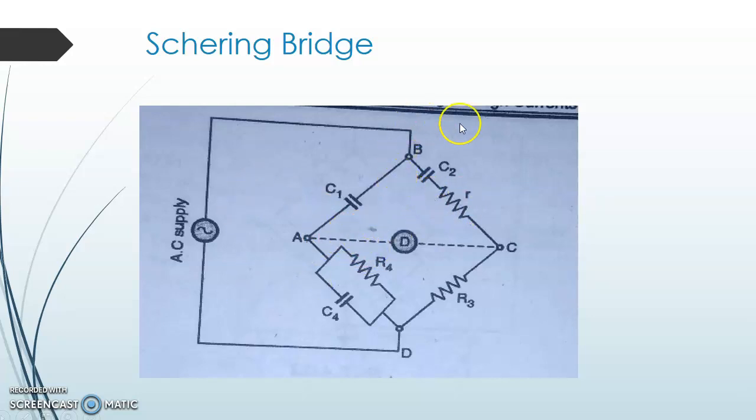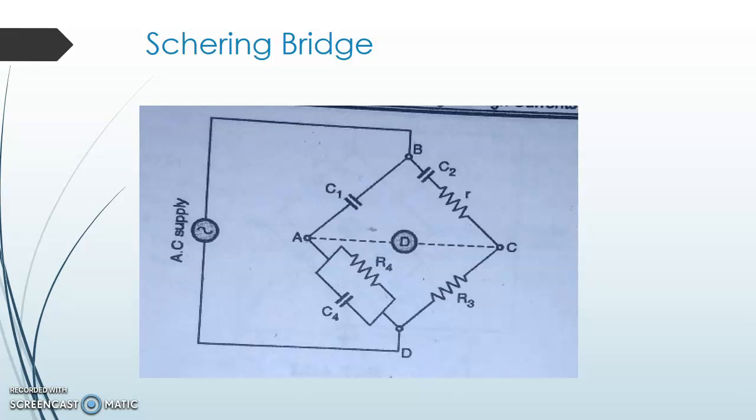That is C2 is compared with C1. The imperfect capacitor is represented by its equivalent loss-free capacitor C2 in series with the resistance R, as shown in the following figure. Earthing as shown is to safeguard the operator at high voltage testing.